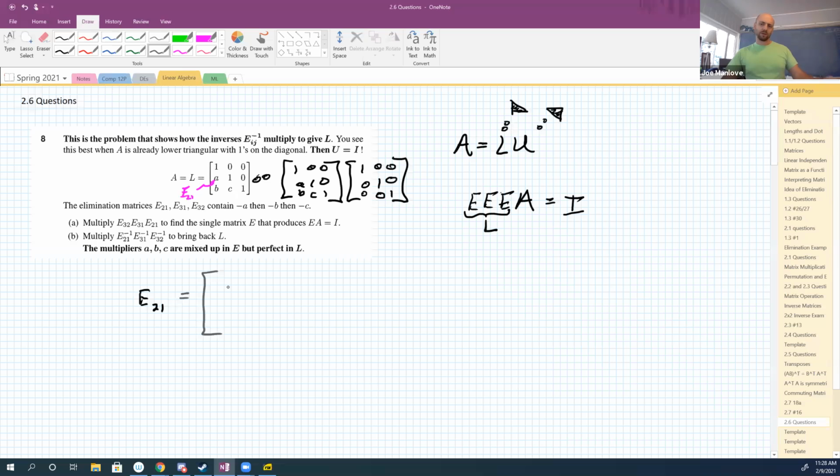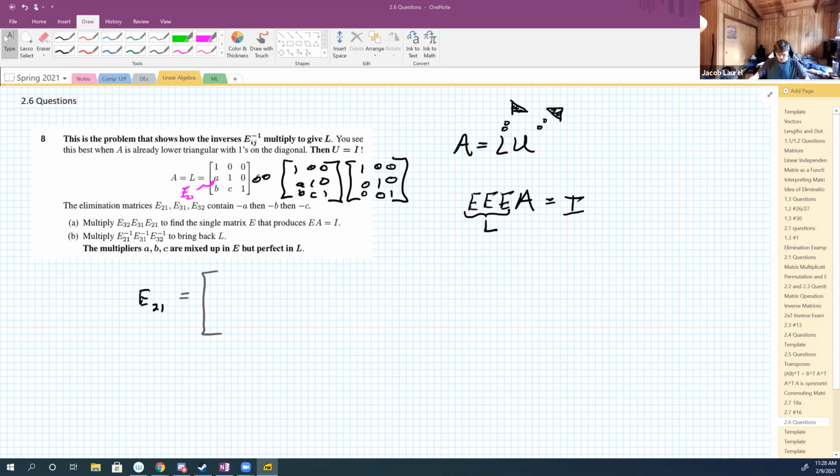I have a different A in the front in my question. Am I in the wrong section? Is this the right thing? I've been looking all over. I can't find where you got this. I'm in 2.6, problem 8. Yeah. Is that not what's in the print copy of the textbook?